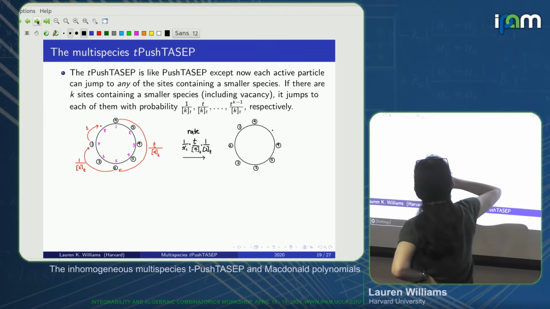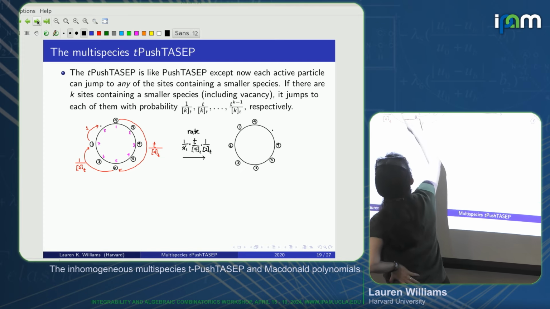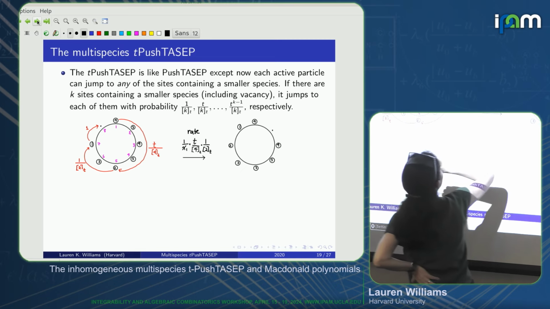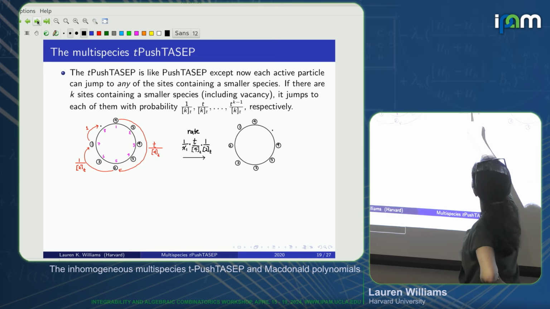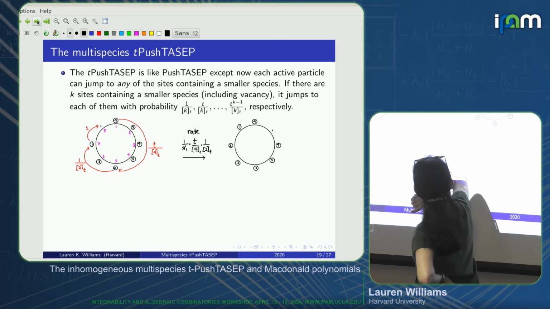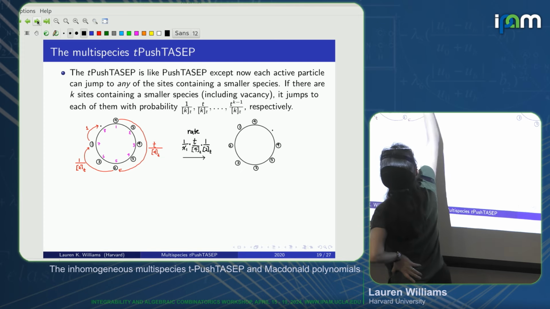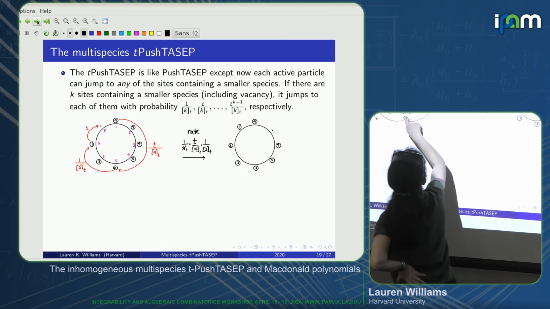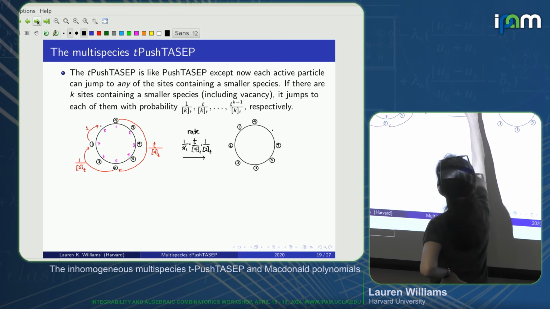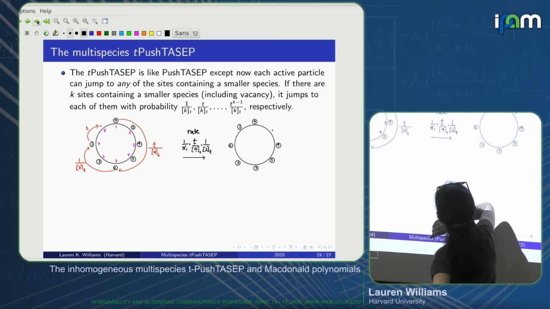It has 1, 2, 3, 4, 5 available spots. So I think I actually should have had a t analog of 5 here. Sorry about that. And it jumped. It didn't go to the first available spot, but to the second, which is why I have a numerator of t. But that's supposed to be a t analog of 5.